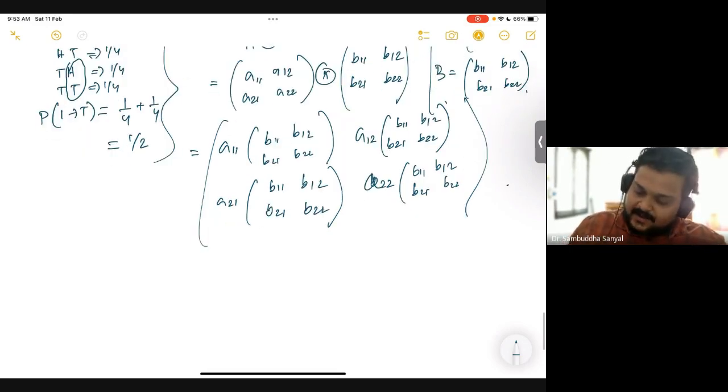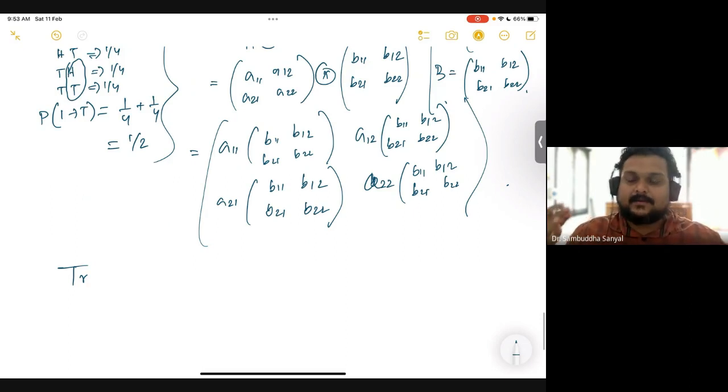Now the mathematical definition of partial trace is the following. If I want to take a partial trace over the B subspace, then it is given by this.